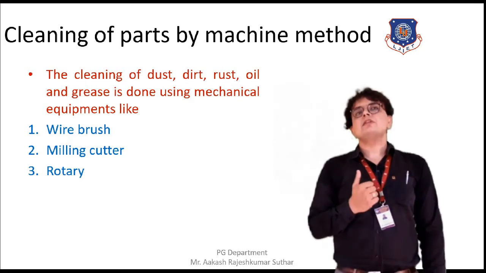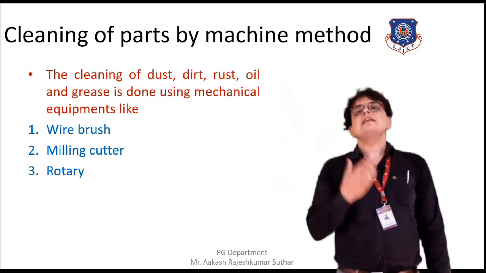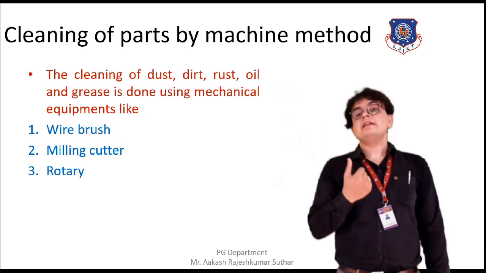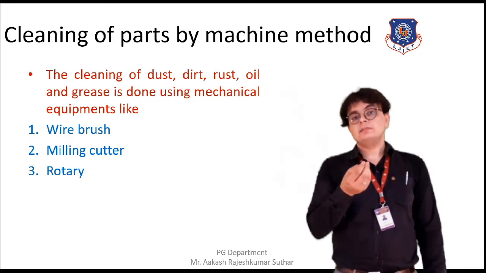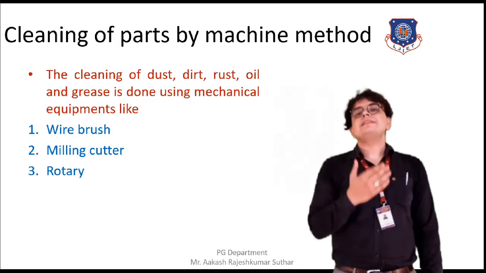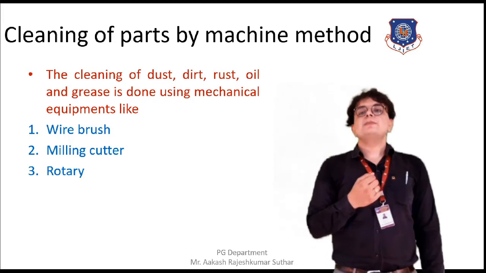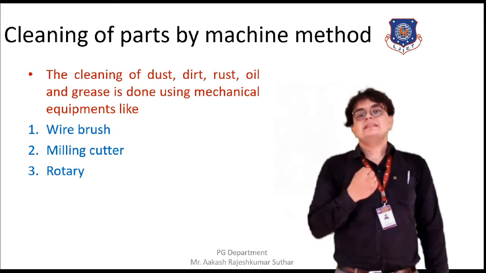Similarly, a milling cutter is also used for the removal of the oil and grease layer from the outer surface. The milling cutter is worked either electrically or with the help of a motor. Once it comes in contact with the machine parts where the layer of grease is found, it will be removed.